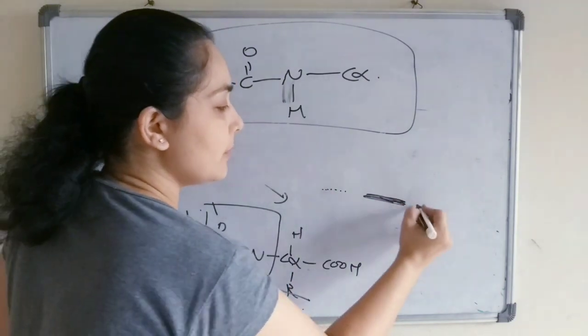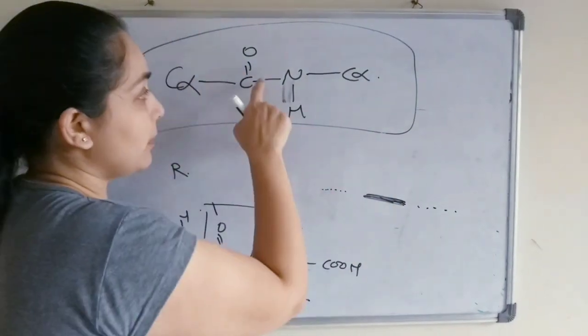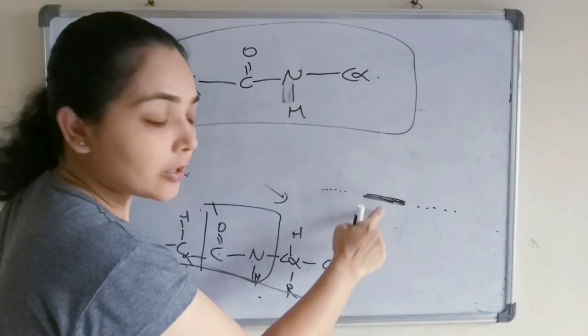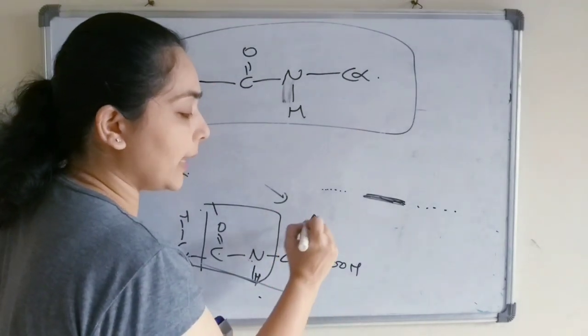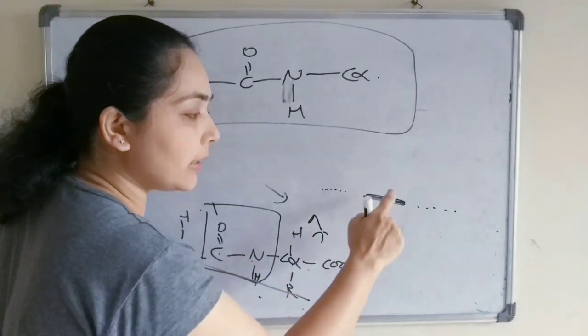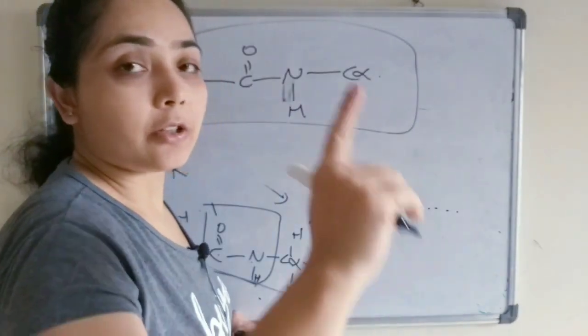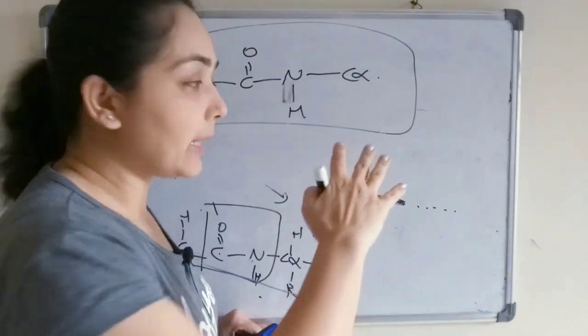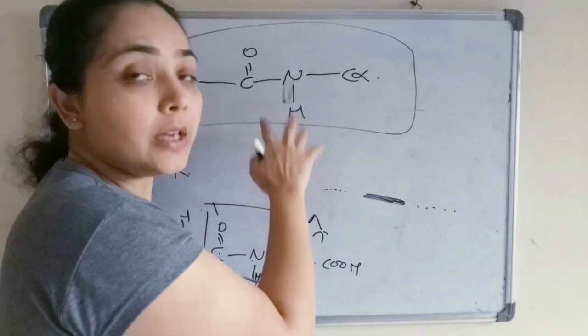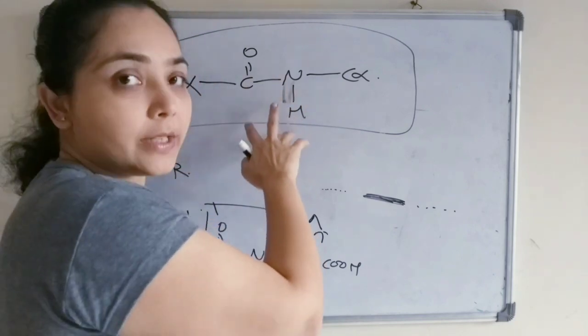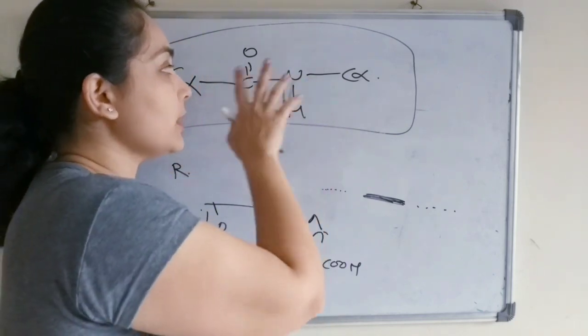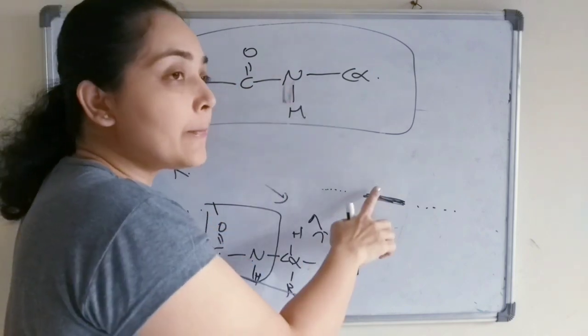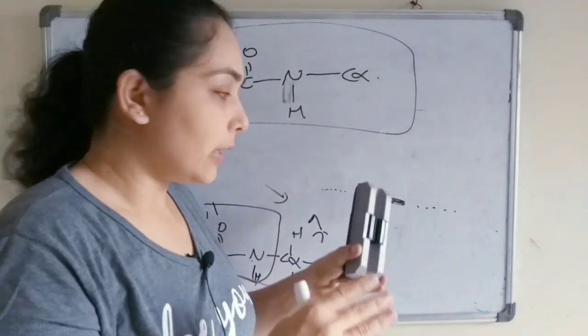This is flexible, this is flexible, but the center one is rigid. So if you want to do any kind of bending, twisting, turning, you cannot do it at the portion which is rigid. Why this bond is rigid, I will explain in next class, but you understand this peptide bond is rigid, so there cannot be bending, twisting, turning from here.